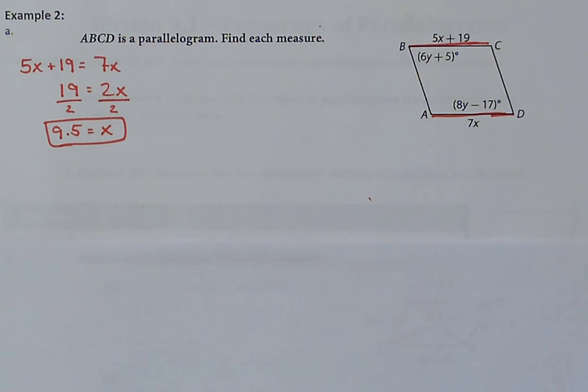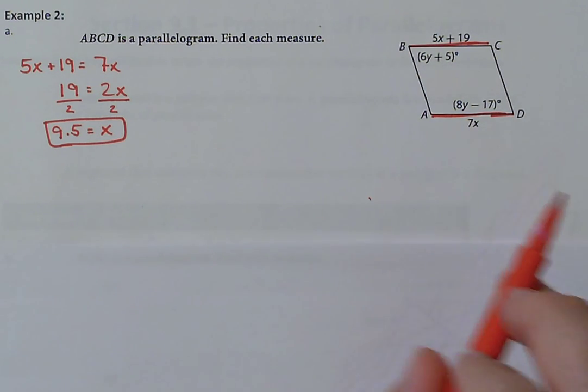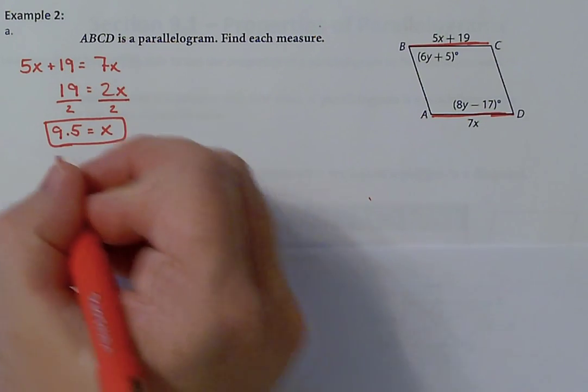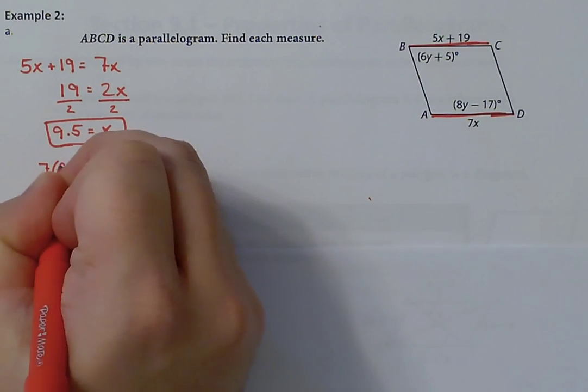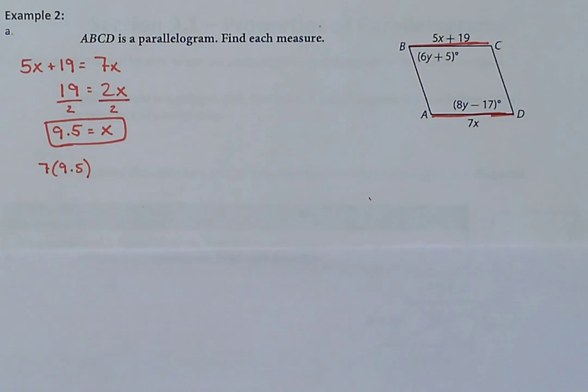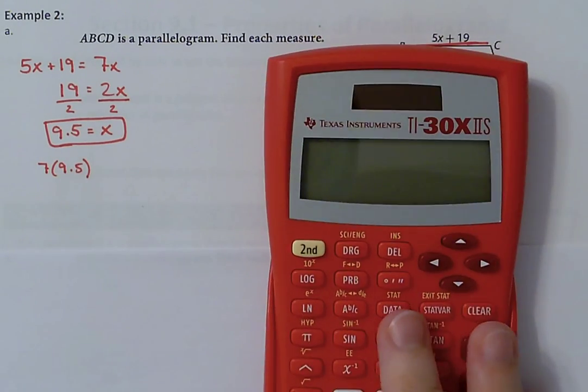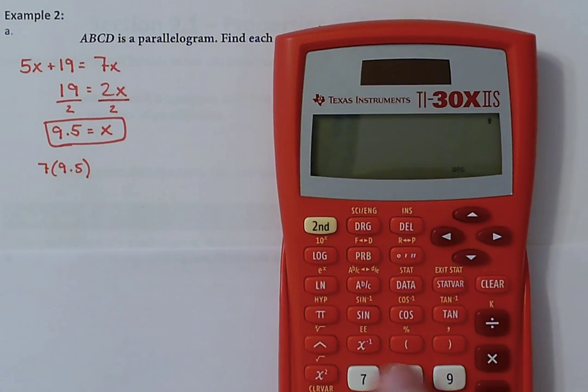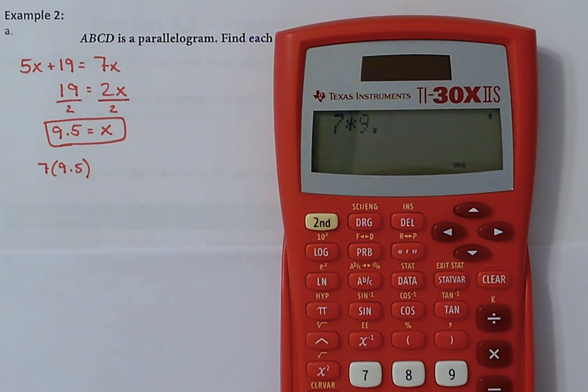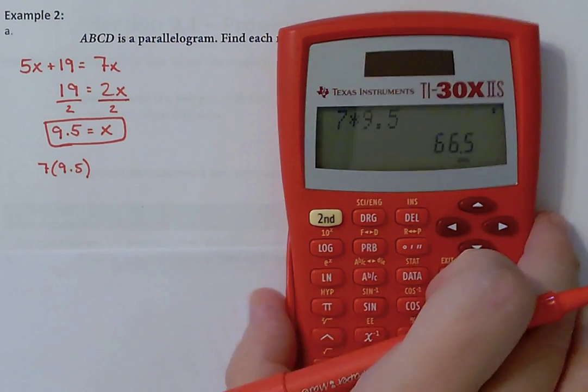Now, if we wanted to know the measure of side length either BC or AD, all we need to do is plug 9.5 back into one of these expressions. So let's say I take this 7x. If I do 7 times 9.5, and use our calculator, 7 times 9.5 gives us 66.5.